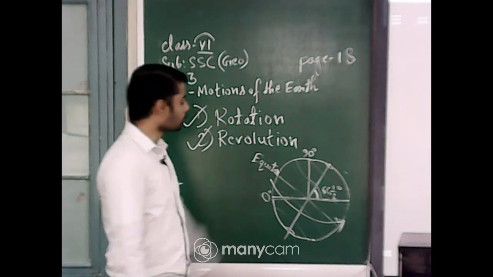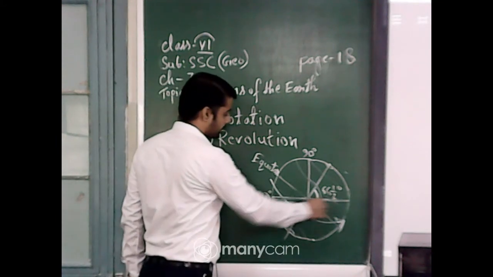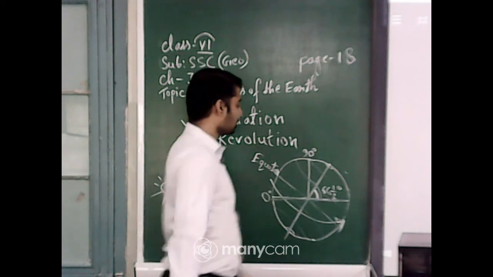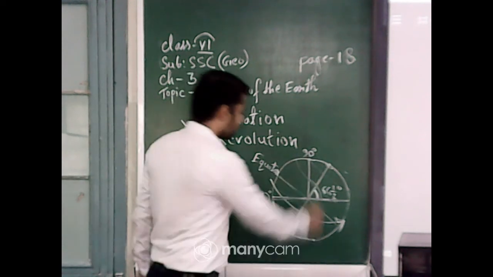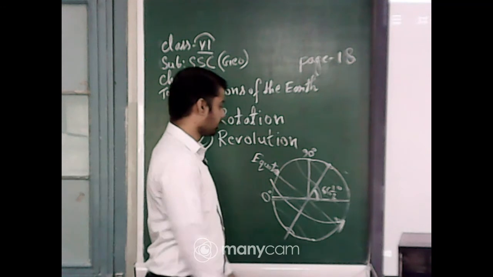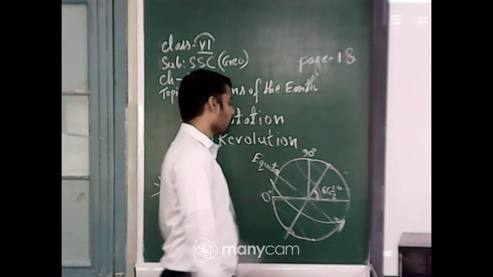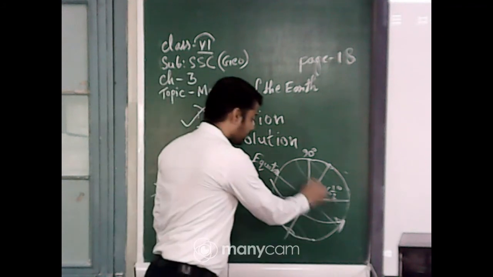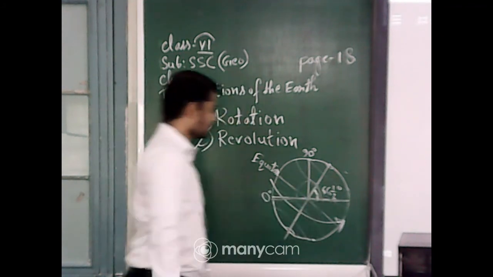In a similar way, if you place your protractor on the orbital plane, this is 90 degrees, and you will find that it also creates an angle of 66.5 degrees, and this is a 90 degree angle on both sides.